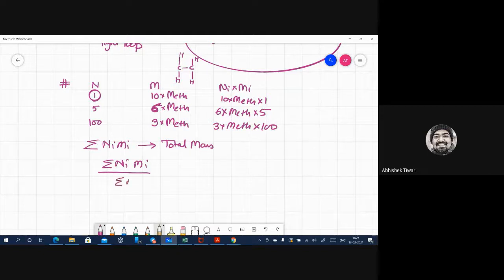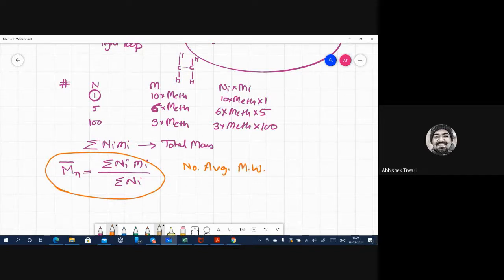So summation of Ni. So this is my number average molecular weight. Okay. So this is called number average molecular weight. And so this is one type of calculation which I can do.